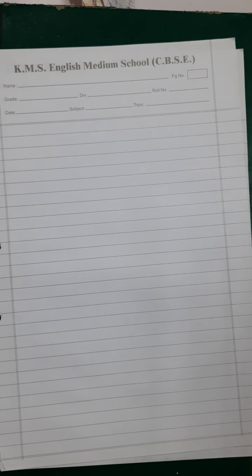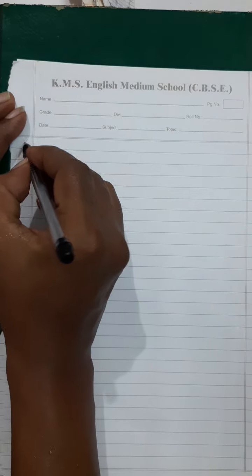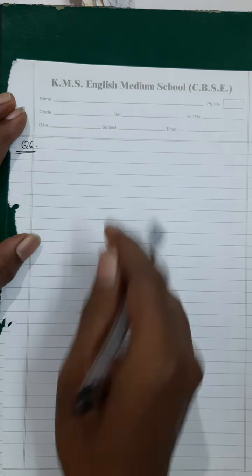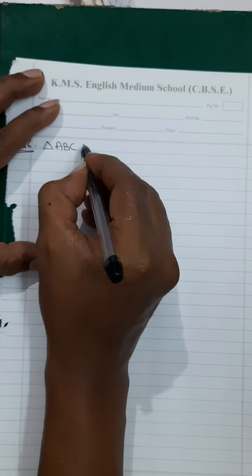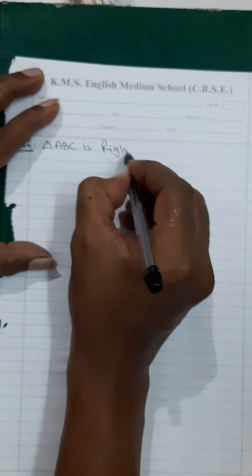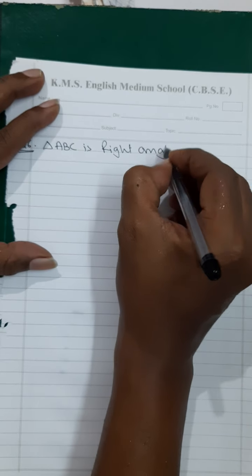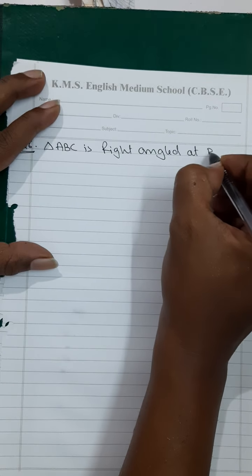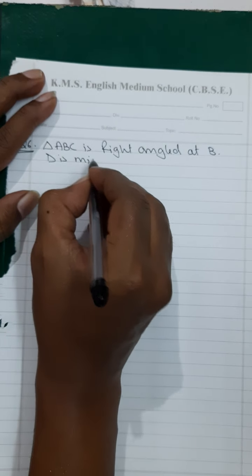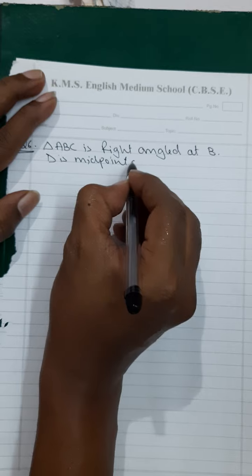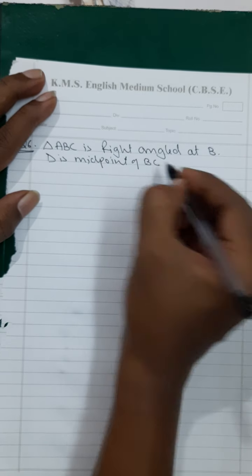The next one, what they're saying, is question number 6 actually. Triangle ABC is right angled at B and D is the midpoint of BC. See, basically they are saying triangle ABC is right angled at B. D is the midpoint of BC.